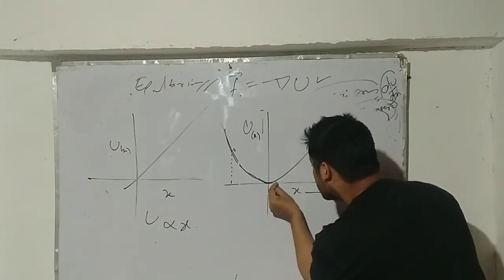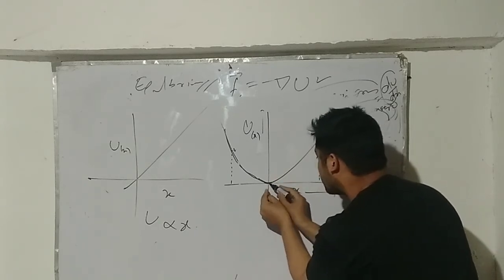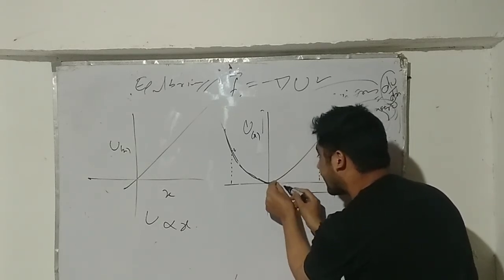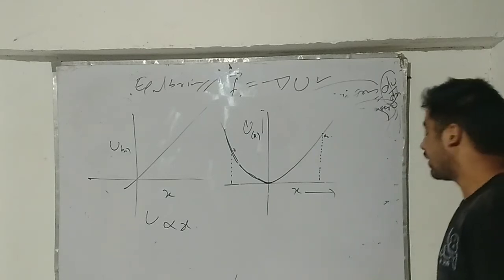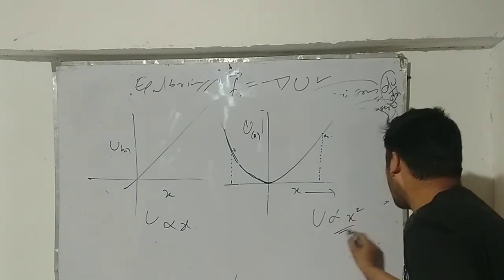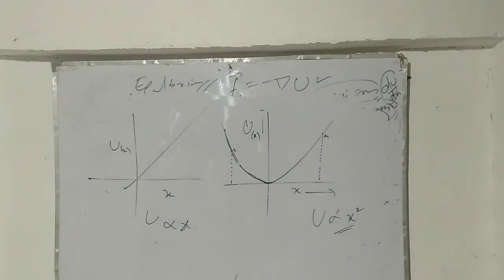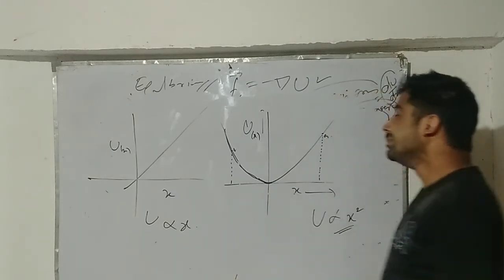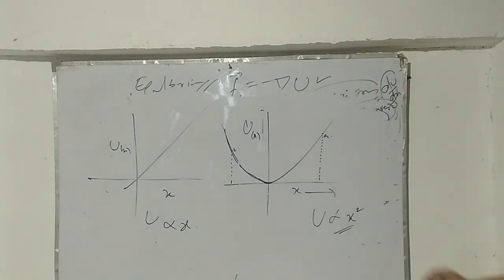So x increases more than u. As u increases, x also increases, but x increases more than u. It means the potential has a quadratic dependence on the position. It's a concave curve. So the potential has a quadratic dependence on the position.